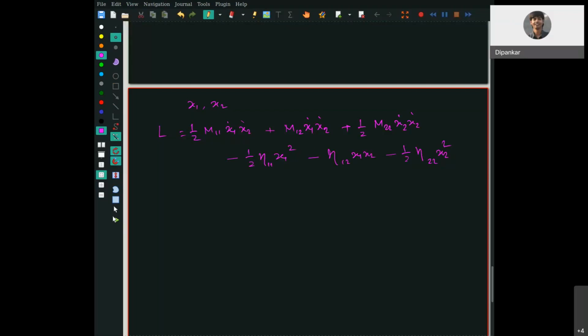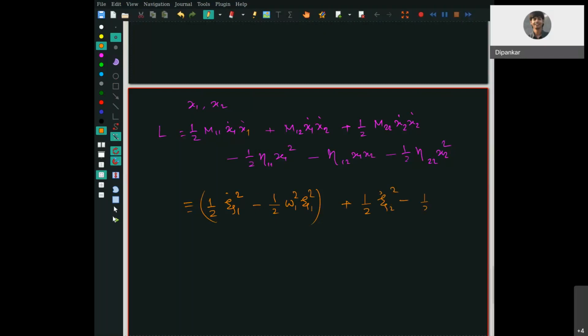But in terms of xi1 and xi2, this will look like half xi1 dot squared minus half omega 1 squared xi1 squared plus half xi2 dot squared minus half omega 2 squared xi2 squared.